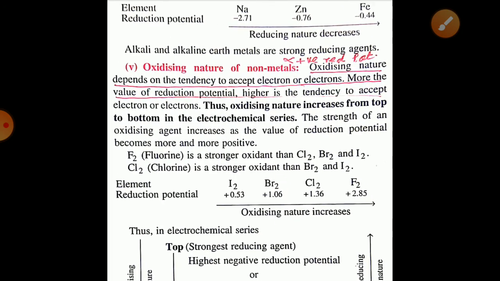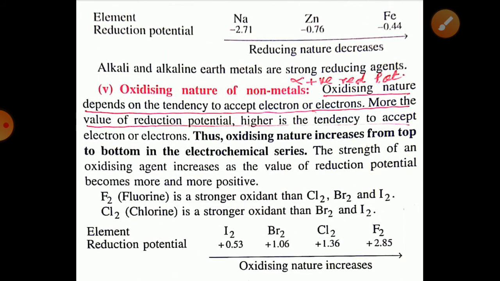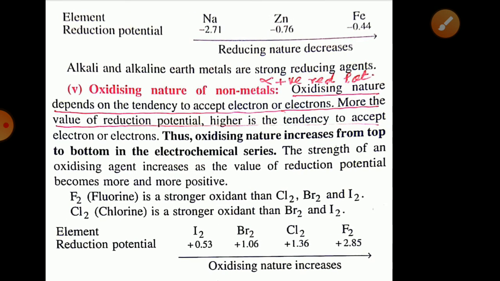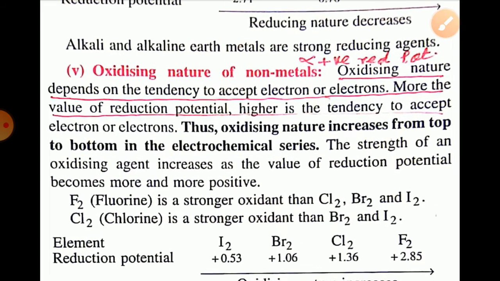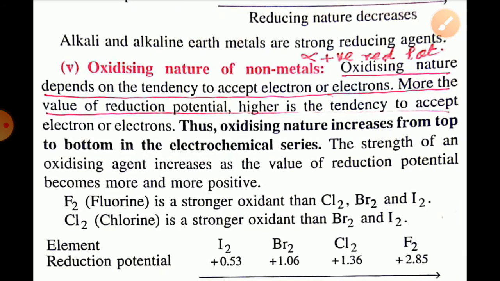Oxidizing nature of non-metals. The oxidizing nature of a non-metal is directly proportional to its positive reduction potential. Means the non-metal with a much more positive value of reduction potential will have more oxidizing strength. Therefore, oxidizing nature increases from top to bottom in the electrochemical series.